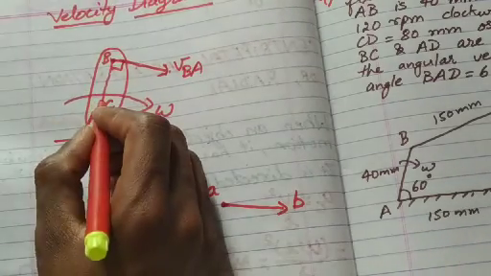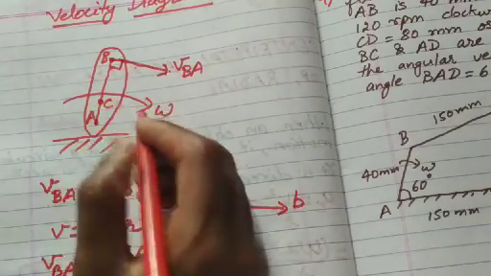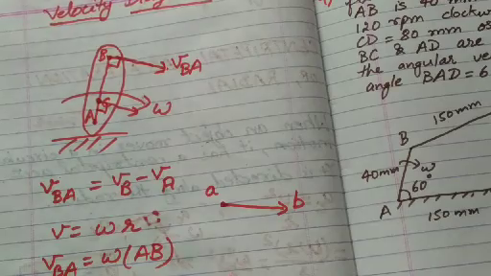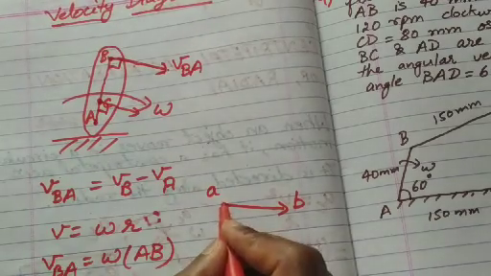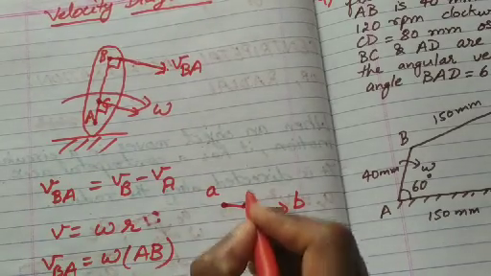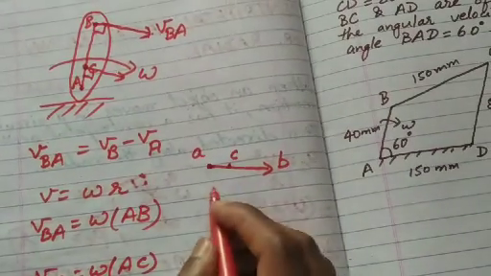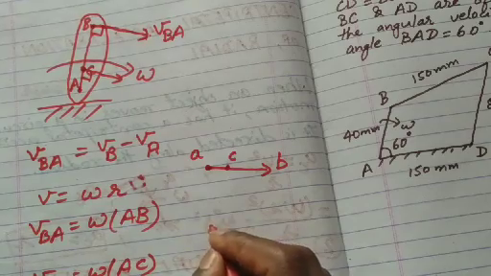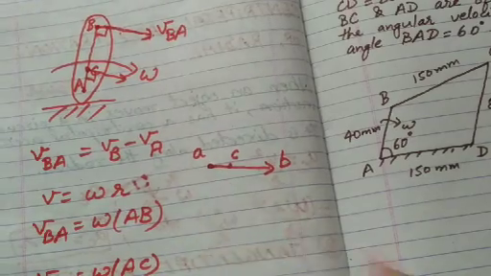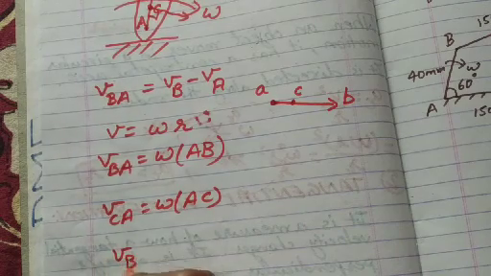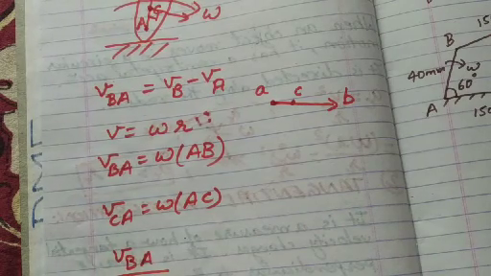If you want to know about C, the direction would be perpendicular to it, and similarly it will be a small c. This will be the velocity diagram. Now we will take the ratio, VBA by VCA.